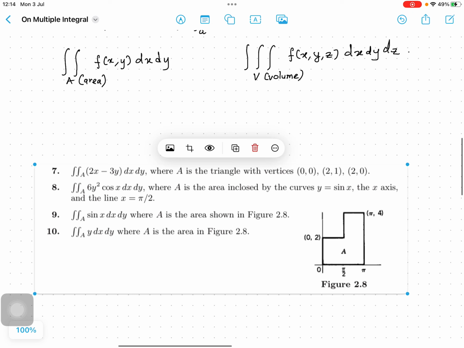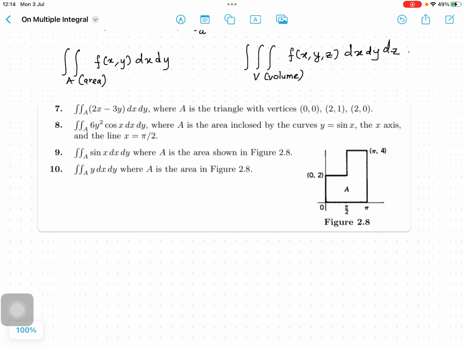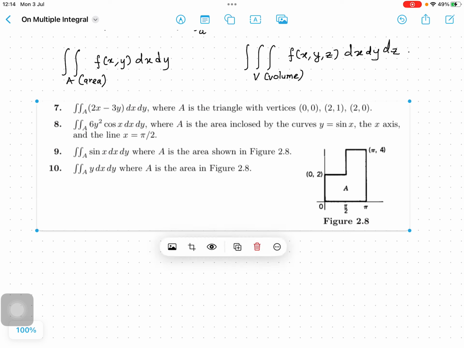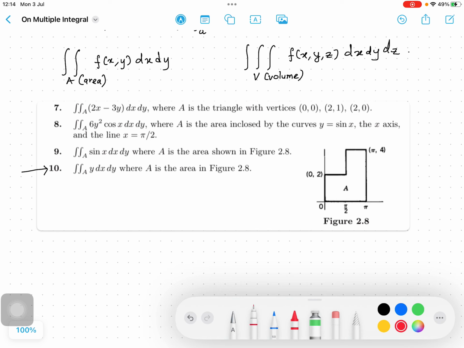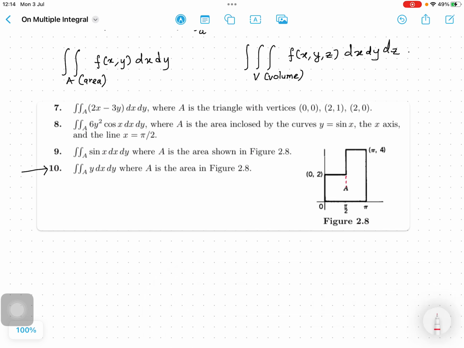Okay. So what do we do next? Let's look at an example. We are going to solve this one here, looking at this figure, and we are solving an area, so you can divide it into A1, A2, and over here the function given is, let's say, y dx dy.